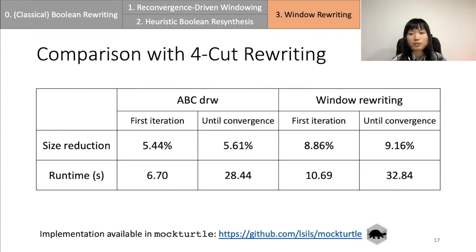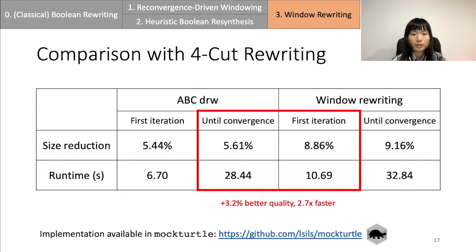Note that there are some other rewriting commands in ABC, but because DRW is the best among them, we only show the comparison with DRW here. In this red box, we see that running window rewriting for only one iteration, it already outperforms DRW run repeatedly until convergence. It is 3.2% better in quality and is 2.7 times faster.